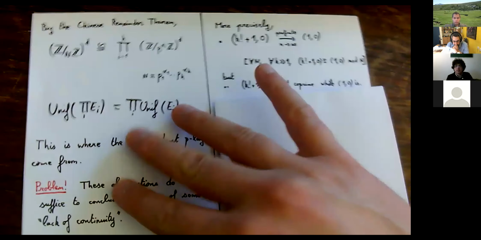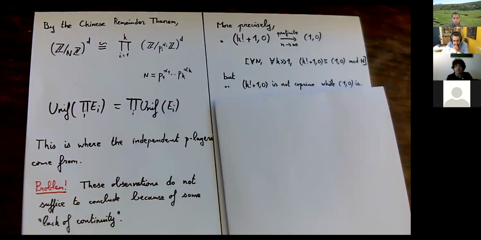So consider this sequence, factorial k plus 1, comma 0. This converges profinitely to 1, 0. Profinite convergence is a complicated word, but it's not a complicated concept. It just means that for any n, if I take k large enough, depending on n, then factorial k plus 1, comma 0 agrees with 1, 0 modulo n.